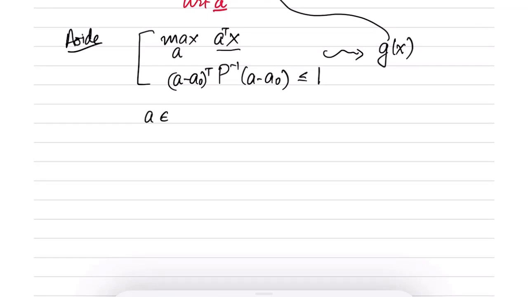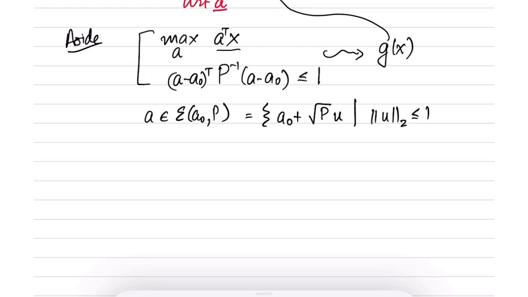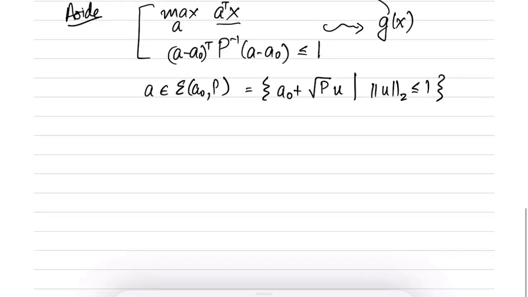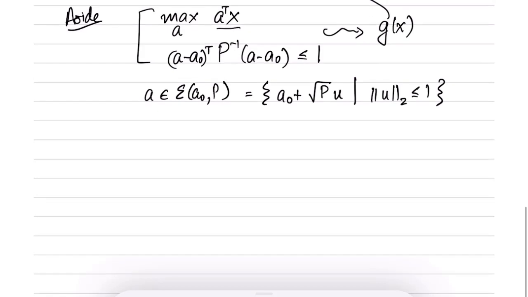When we say that A belongs to this ellipsoid A0, P, we can write this ellipsoid, if you remember, as A0 plus square root P times U subject to norm of U less than equal to 1. This was the alternative characterization of an ellipsoid, where square root P is the matrix square root. You can verify that A0 plus square root P times U does indeed satisfy this constraint.